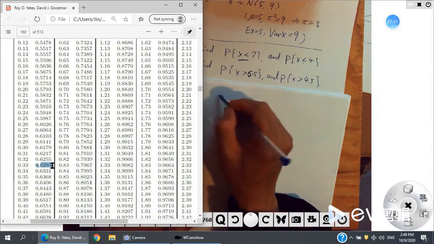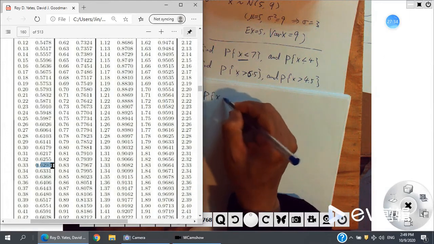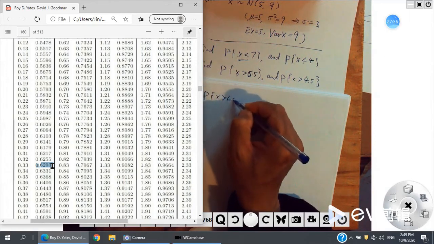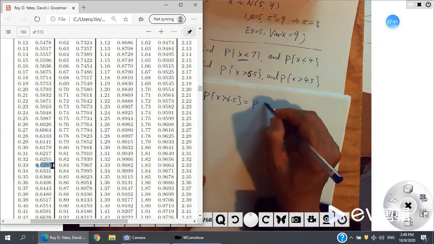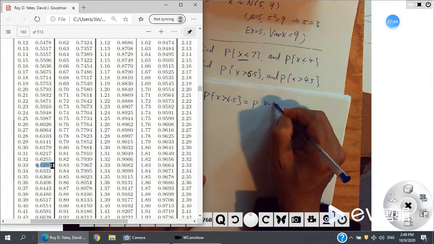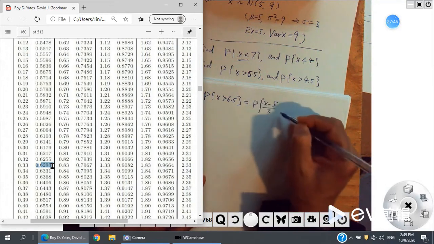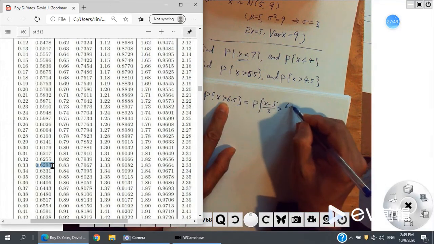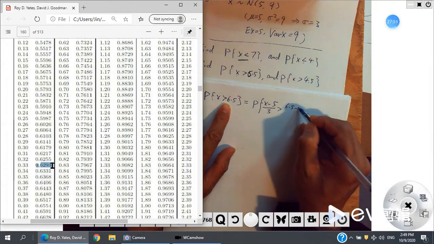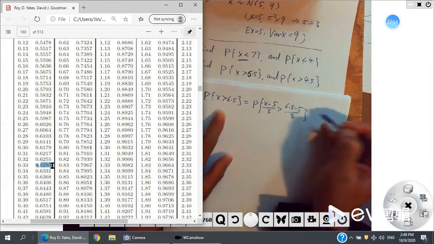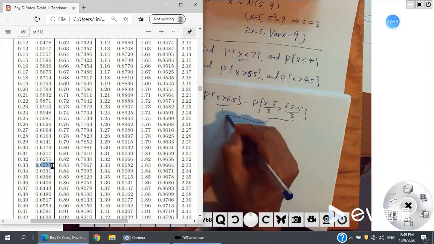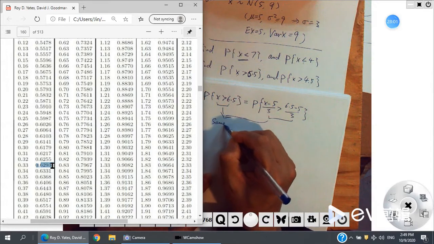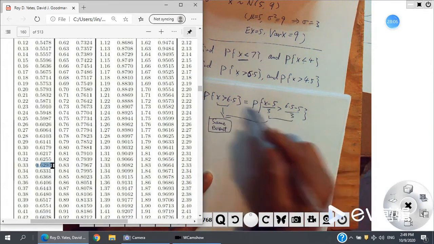The first step will be similar. We want to know the probability about x. We use z. I replace x by x minus 5 over 3. Then this 0.65 I also need to replace by minus 5 over 3. So this event and this event, they are the same event, just one event.